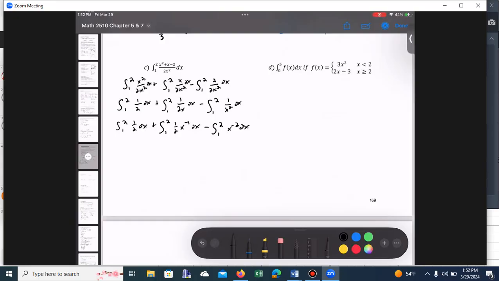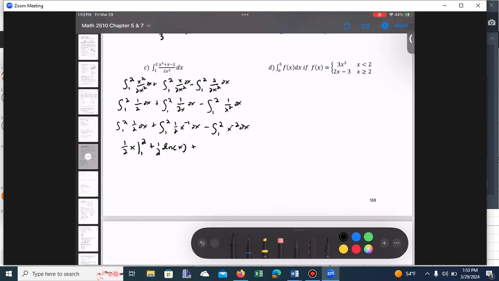So let's do the antiderivatives. 1/2 x plus, let's see, this is going to be a natural log. So 1/2 natural log x. And then this one, raise that x to the negative 1.